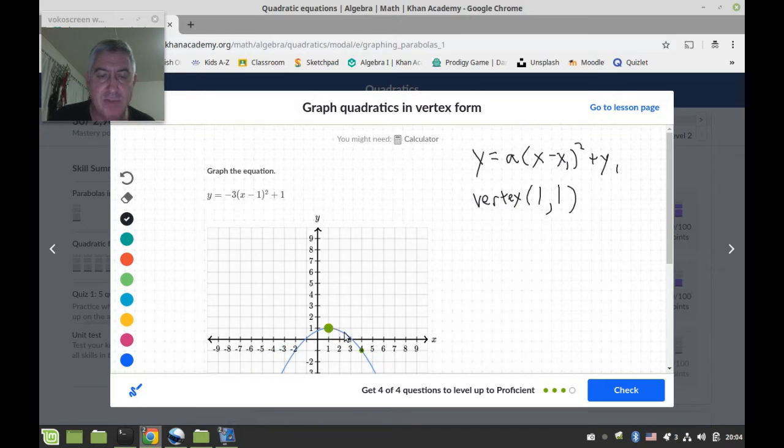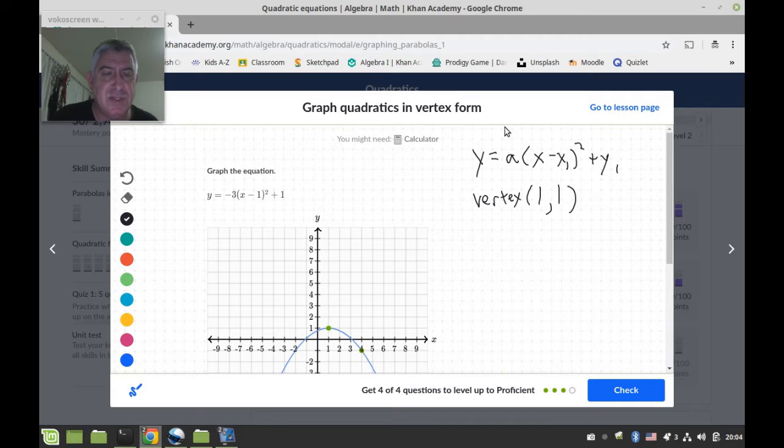And now I know I'm going to have some zeros here. So I think I'm going to find out where probably one of the x-intercepts is. But maybe I could just put in 0.